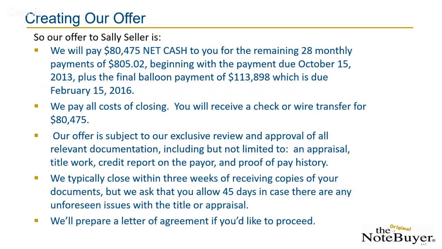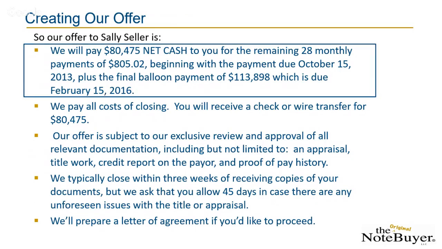Sally Seller is going to receive $80,475, and it will be wired to her from a title company or attorney's office. And for that, we will be buying the remaining 28 monthly payments of $805.02, beginning with a payment due October 15th, plus the final balloon of $113,000, which is due February 15th.